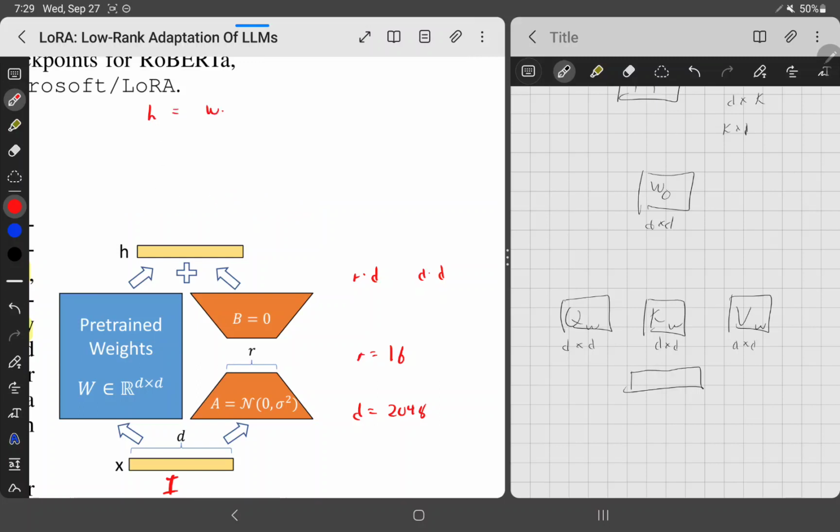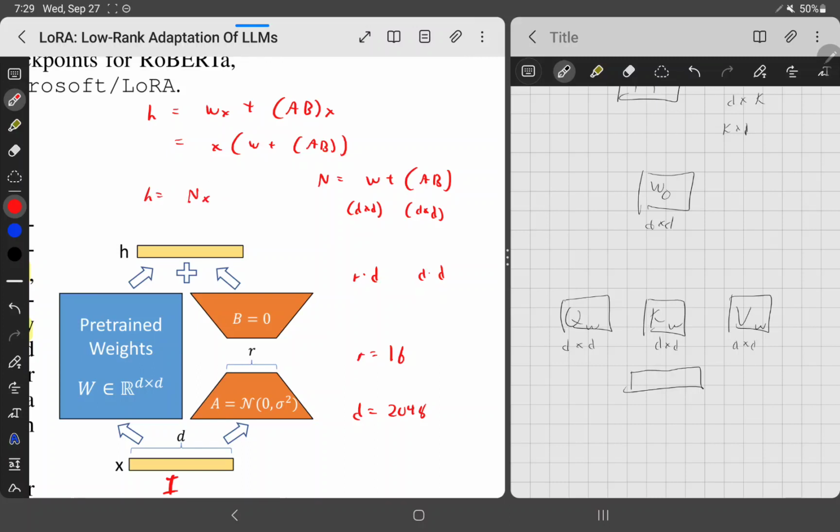So we have H is equal to WX plus ABX. If I take out the X, so W plus AB, and then I say that we'll say N is equal to W plus AB, because this is a D by D matrix, and this is also D by D, whenever you multiply them, then all you have is H is equal to NX.